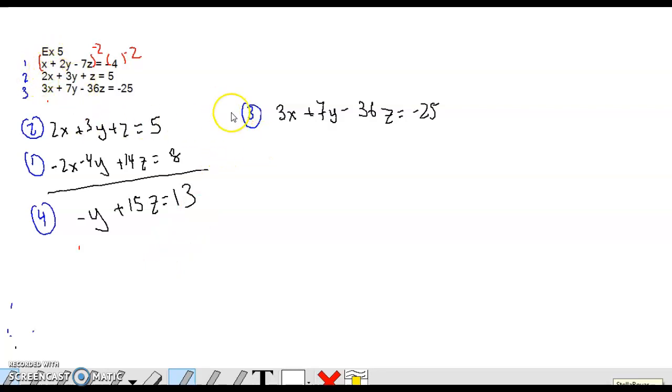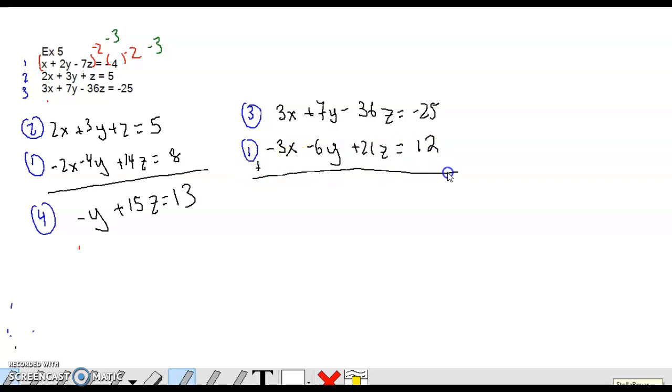Again, I'm going to use the top equation because it looks like it's easier to manipulate. I'm just going to say, what happens if I multiply it by negative 3 instead? So this would become negative 3x minus 6y and then plus 21z, and then that would be positive 12.